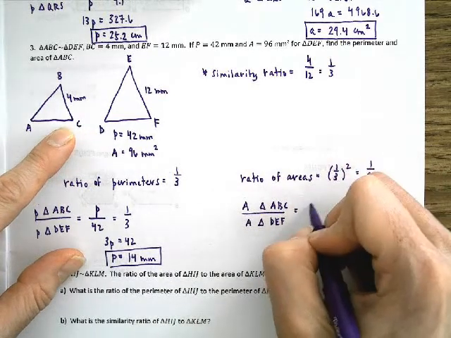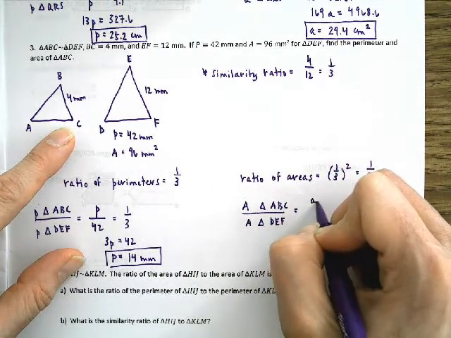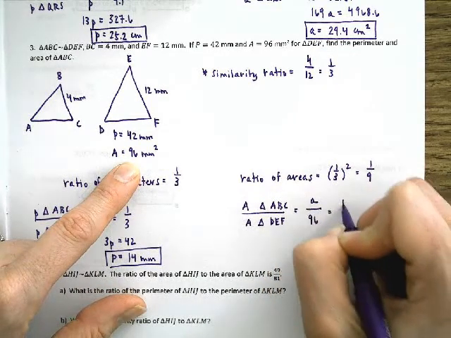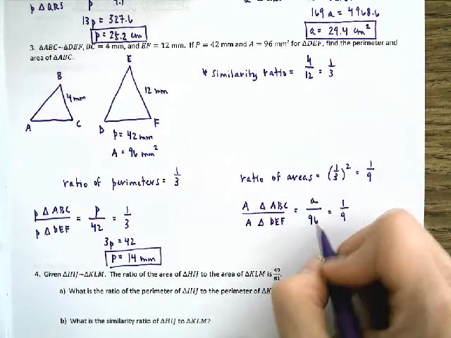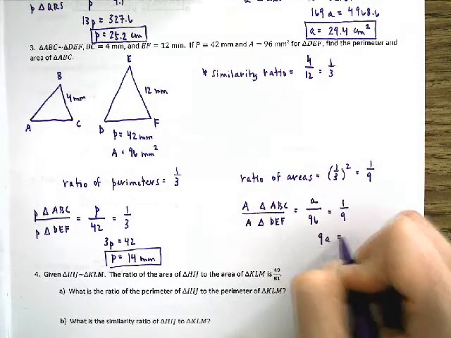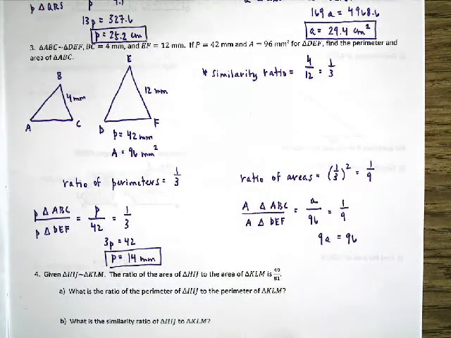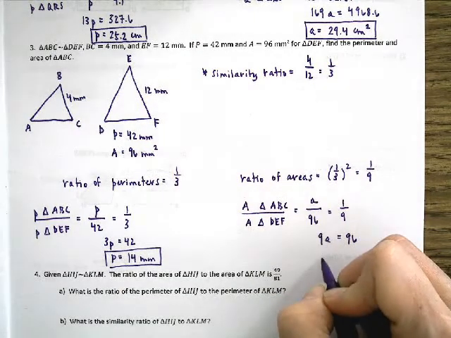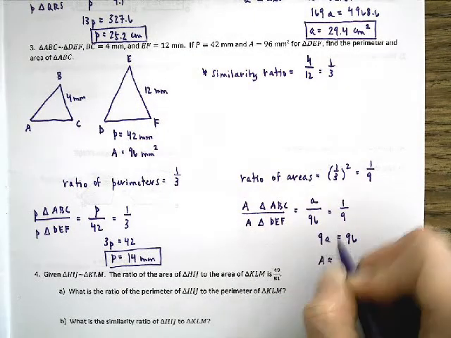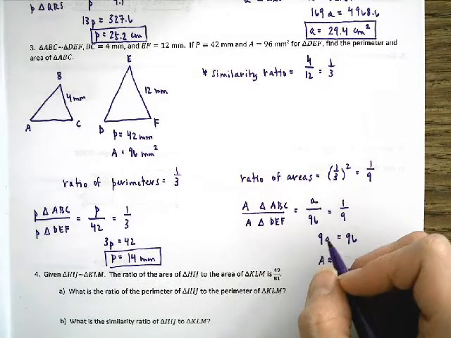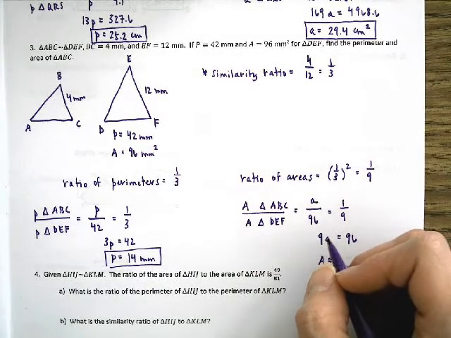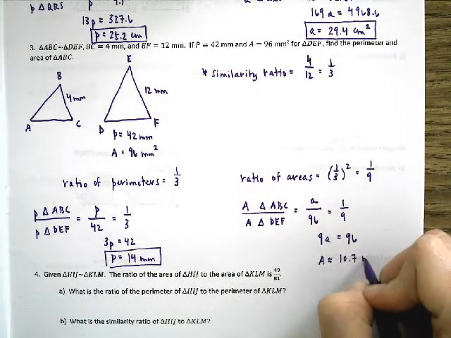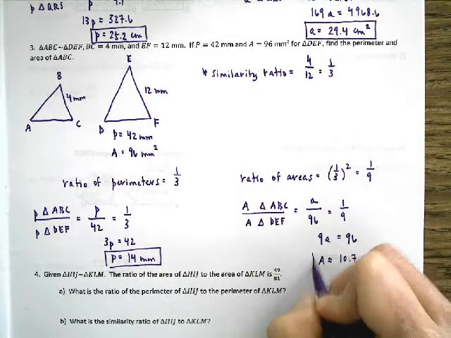Okay, my area here on top is unknown, so I'm just going to call that A. This area I have 96, and I know that has to be in the ratio of 1 over 9. So I'm going to get 9A is equal to 96, which is going to give me an area of approximately, let's see, 10.7 square millimeters.